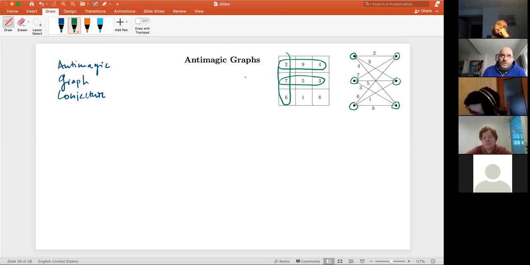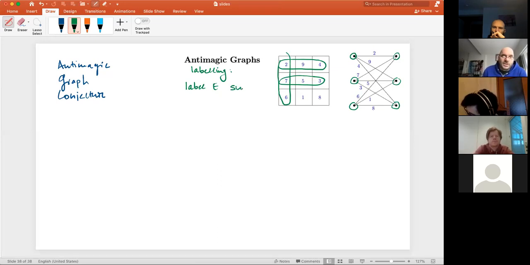And so, what's an anti-magic labeling? Well, again, you label the edges, and you want to use the labels 1, 2, 3 and so on, every one exactly once, such that the vertex sums are now distinct.